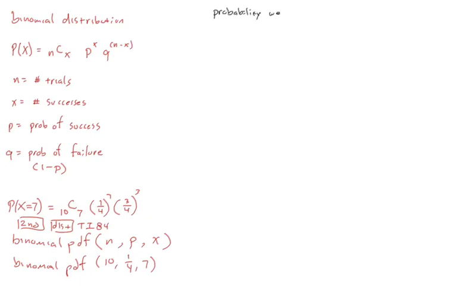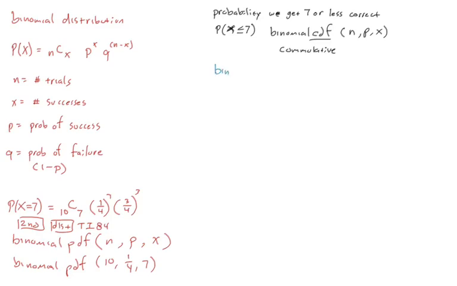But what we technically wanted was, let's look at some other cases first. What if we wanted the probability that we get 7 or less correct? So this would be the probability x is less than or equal to 7. And in this case, we're going to use not a PDF, but a CDF. The C stands for cumulative. So we're accumulating, starting from the very lowest value all the way up. And it's also inputted as n, p, x.